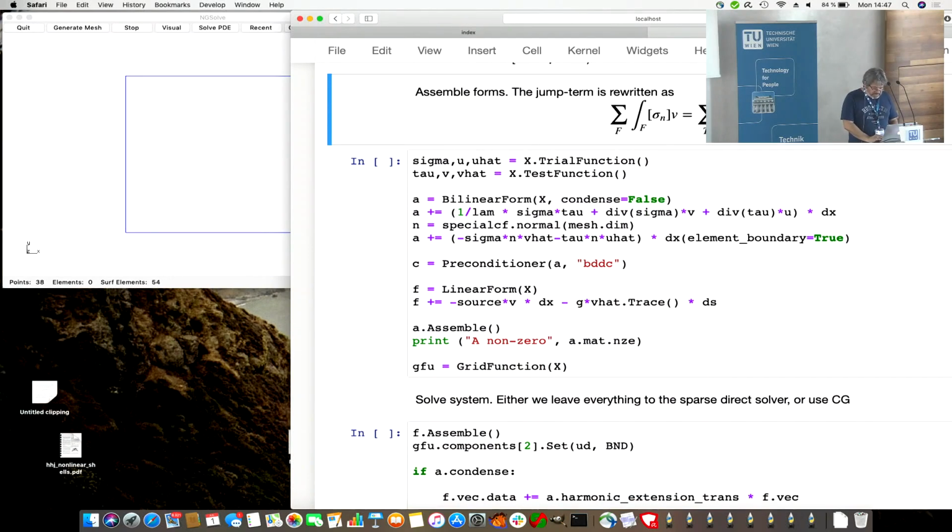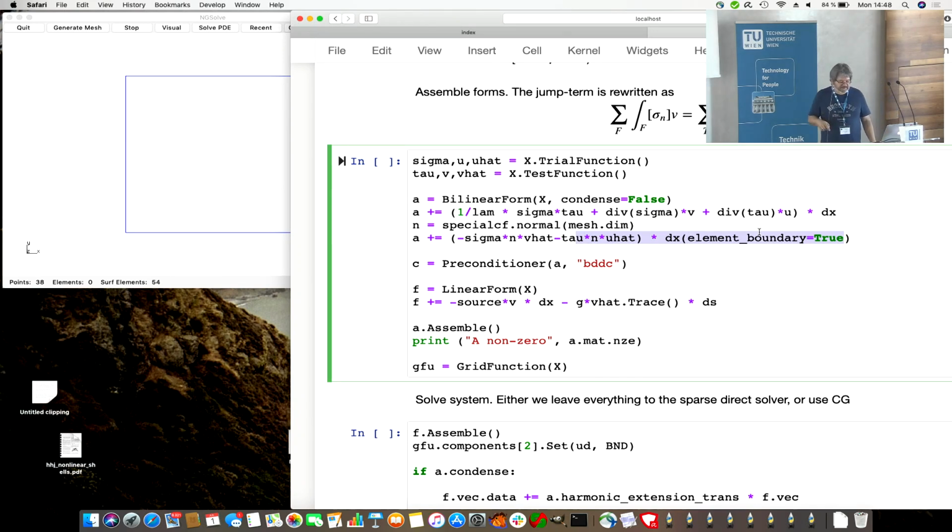New concept here is also that we need integrals over the faces, which we rewrite as integrals over element boundaries. This here is a new term. So we are integrating over element boundaries, so we say dx with element_boundary true.